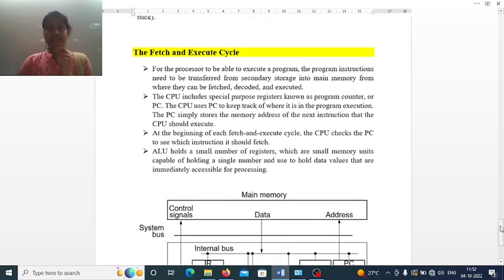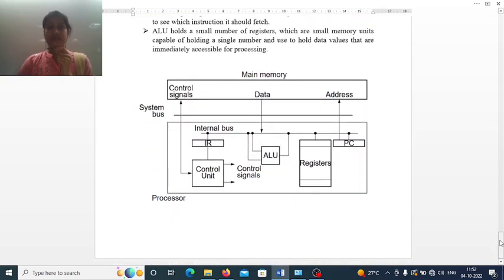To execute the instruction, the CPU needs some extra registers or special purpose registers such as program counter, instruction register, and the registers inside the ALU. We will see what is the function of these registers and how the instruction is executed inside the processor.